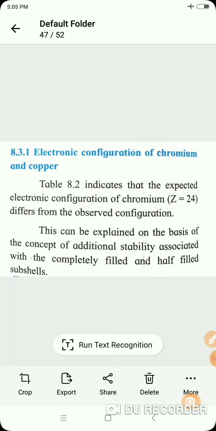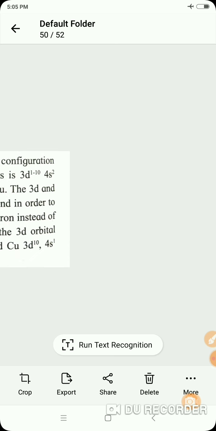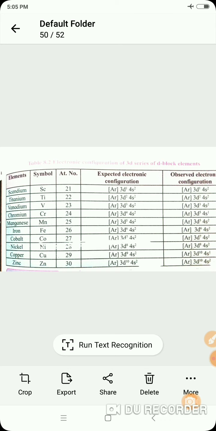In the previous videos we studied Table 8.2, which shows the electronic configuration of 3d series elements of the d block. We know that all the transition elements are placed in the d block of the modern periodic table, from group number 3 to 12 and periods 4 to 7.